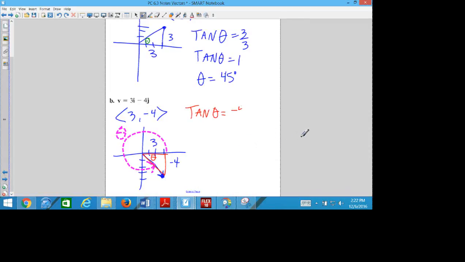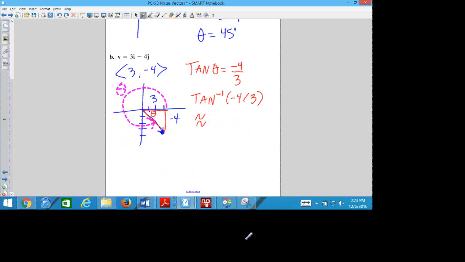is equal to -4/3. Is that one that we have memorized? No. So how do we find the angle if we don't have it memorized? You do inverse tangent of -4 divided by 3. That will give you approximately -53.13, because that's the theta here, but I want the other theta.